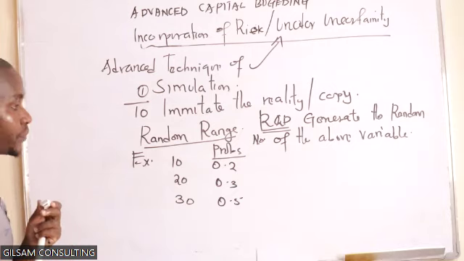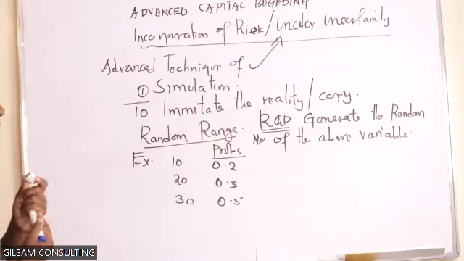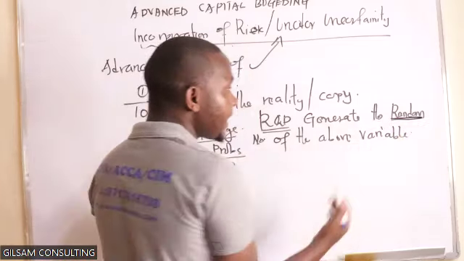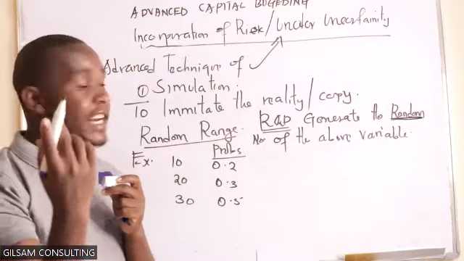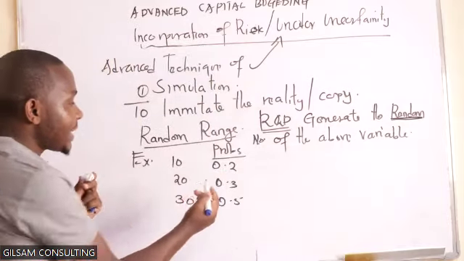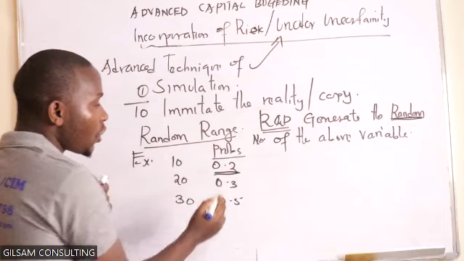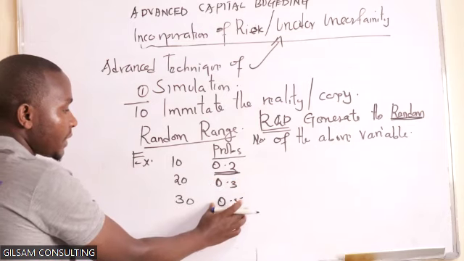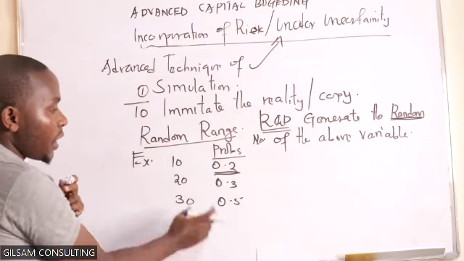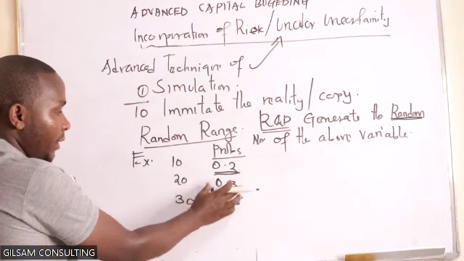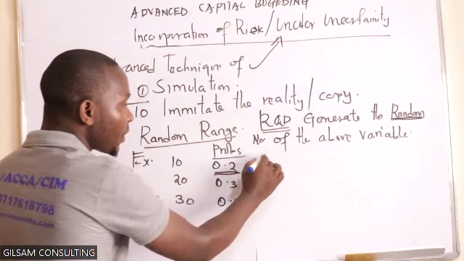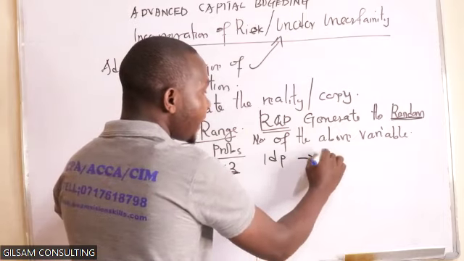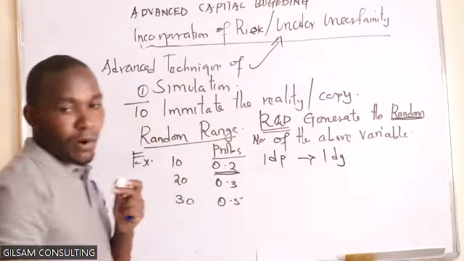The first thing when generating the random numbers is to consider the number of decimal places of the probabilities. For one decimal place, you give one digit.